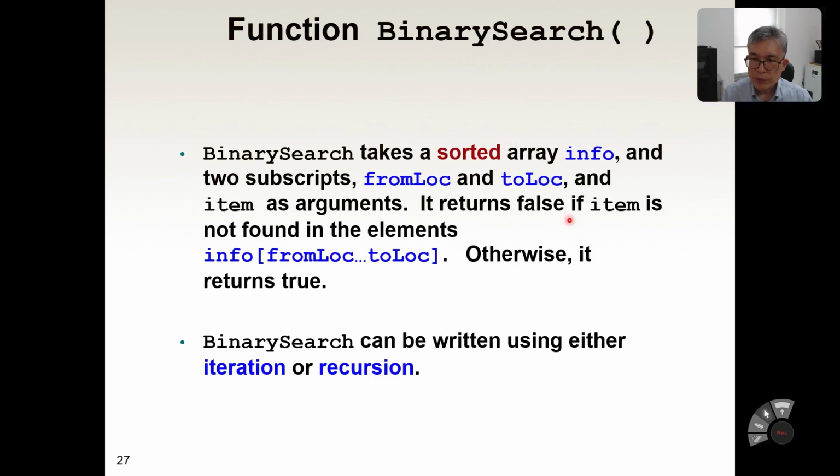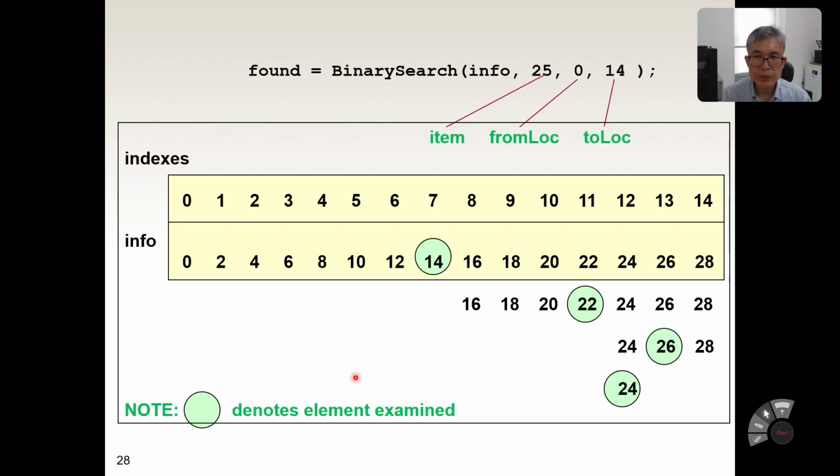It returns false if the item is not found in the elements info from location to location, in this range. So from is the start index and to is the end index. Otherwise, it returns true. So binary search can be written using either an iteration or a recursion version.